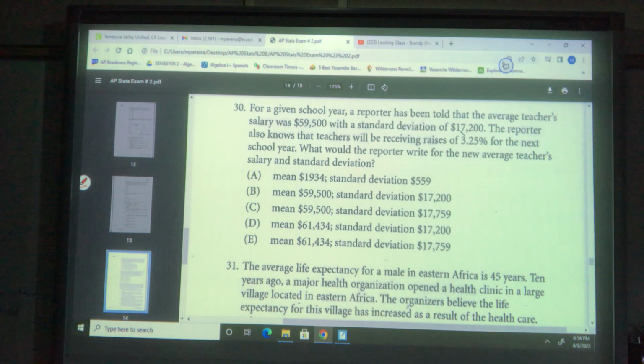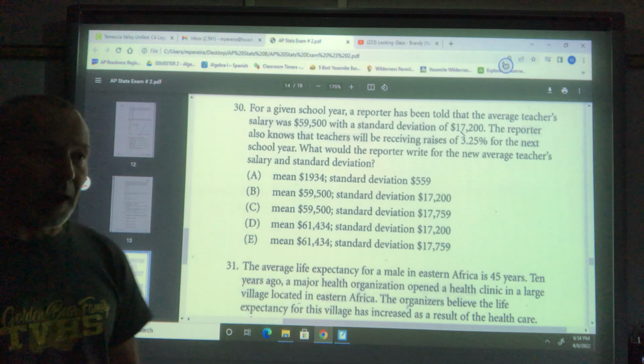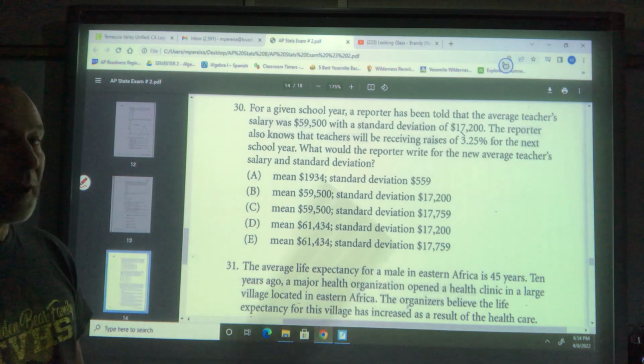Okay. For a given school year, a reporter has been told that the average teacher's salary was $59,500 with a standard deviation of $17,200. The reporter also knows that teachers will be receiving raises of 3.25% for the next school year. What would the reporter write for the new average teacher's salary and standard deviation? Okay, so here's the deal. Everyone added not the same amount.